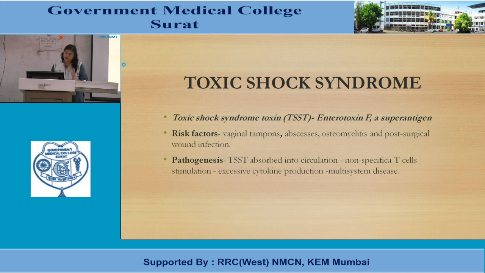Mostly toxic shock syndrome is seen in females who are using vaginal tampons during menstruation, or patients already having abscesses, osteomyelitis, and post-surgical wound infection. If TSST producing strains cause wound infection or are found in vaginal tampons, this TSST is secreted by the staphylococci and absorbed into circulation, and because it is a super antigen, it stimulates non-specific T cells, leading to excessive cytokine production and multi-system disease.